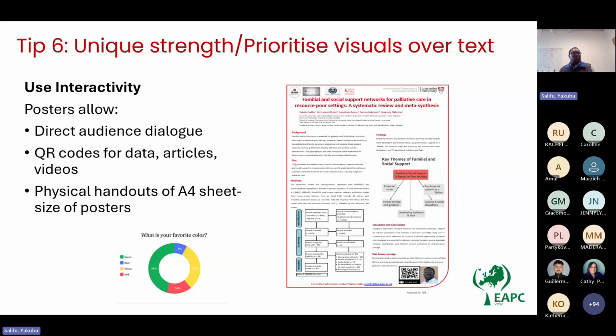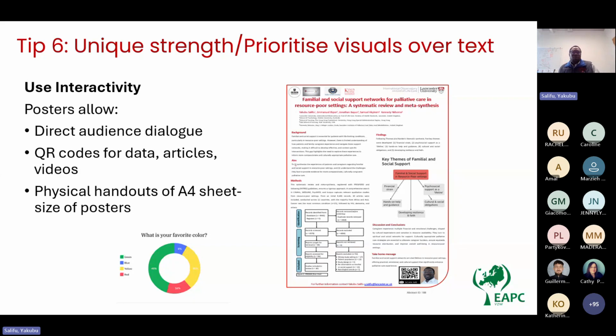The next tip that I want to share with you is about the use of interaction, which is one of the unique strengths of a poster. So unlike a manuscript, with a poster you have the person stand by the poster, and you have the opportunity to talk through your poster with somebody.